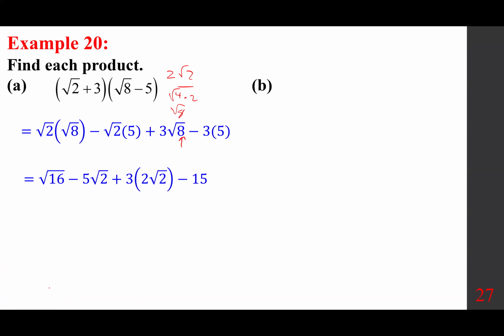So obviously, this is 4 minus 5 square root of 2 plus 6 square root of 2. 4 and negative 15 give negative 11, negative 5 square root of 2 plus 6 square root of 2 is square root of 2. And we are done.